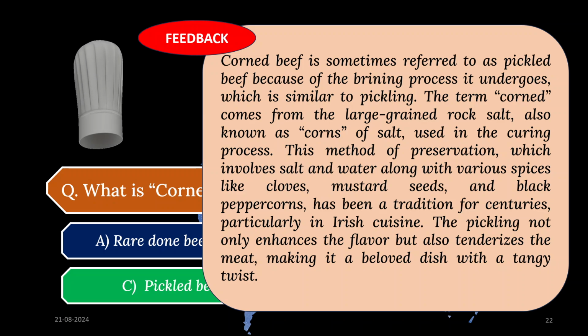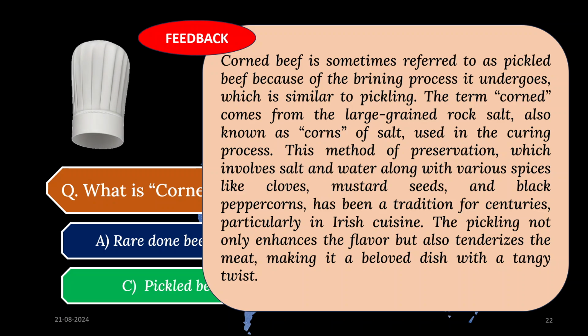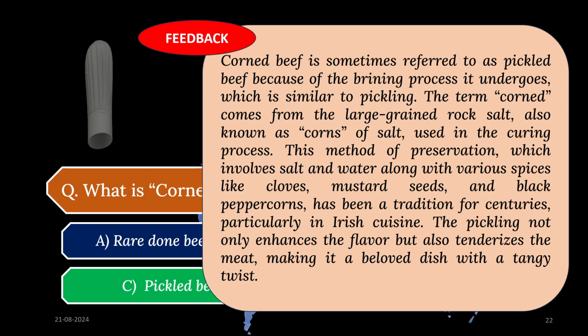Corned beef is sometimes referred to as pickled beef because of the brining process it undergoes, which is similar to pickling. The term corned comes from the large-grained rock salt, also known as corns of salt, used in the curing process.